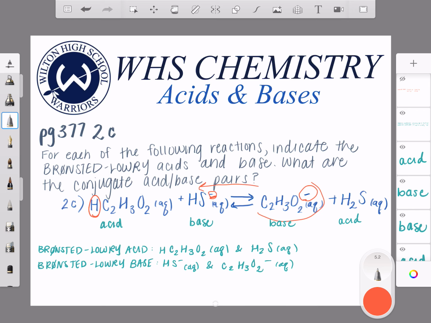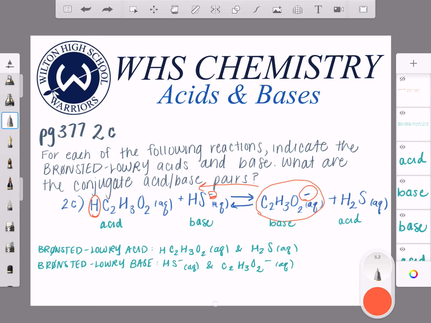So if we start with our base, and then we look for what would be its conjugate pair, we see it appear on this side again, but this time it's after the base accepts the proton, so that means it would be a conjugate acid. So that's why I said earlier the double arrows are important, because these pairs can go both ways depending on the reaction.